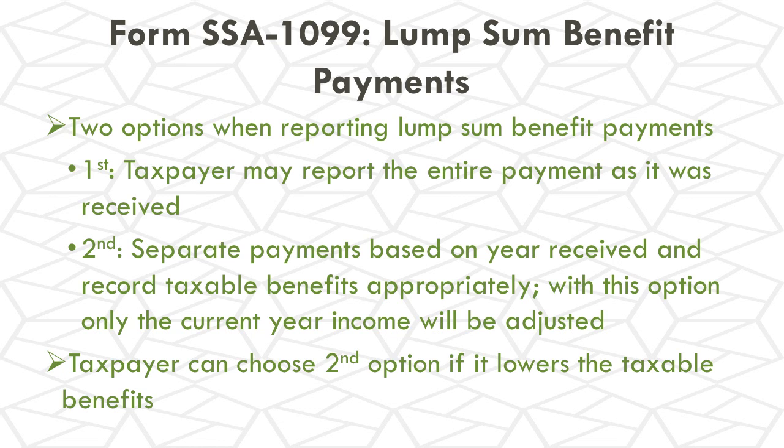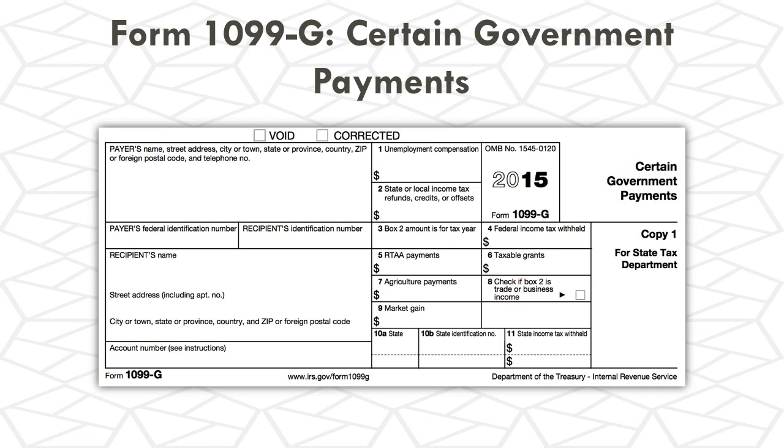But we're not going to cover in detail how to report lump sum payments just because of how rare the circumstance is. I just wanted to make you aware of it in case it does come up. Note that the information on how to report it correctly can be found both in Publication 4012 and the Site Coordinator Handbook. Let's move on now to Form 1099-G, which is called Certain Government Payments.